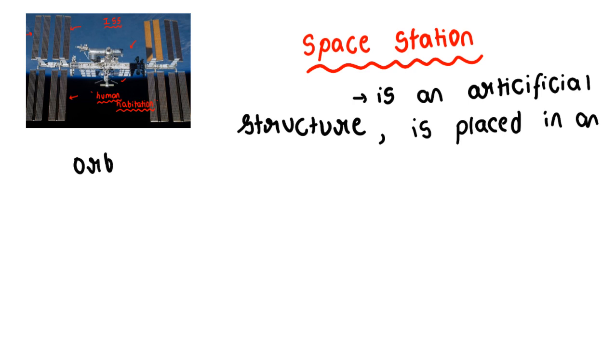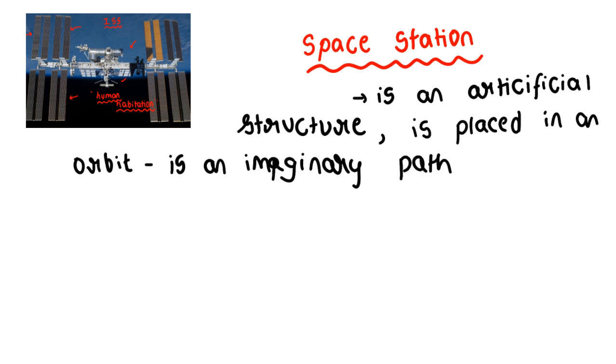Sir, what is an orbit? An orbit is an imaginary path. We assume something as a path, and when we leave these satellites or space stations, they keep rotating around that path.